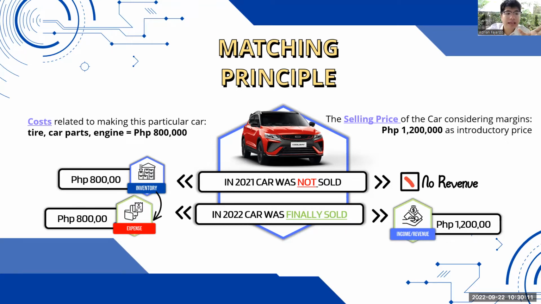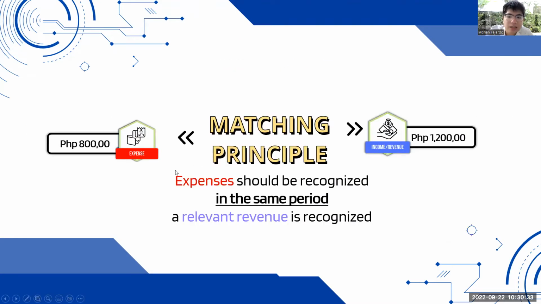We consider advertising as not a relevant or related expense to selling the car. And therefore, in 2021, if you spend 200,000 in advertising, that will be outright expensed, right? So the important thing in the matching principle is you have to match only the relevant cost to the relevant revenue, right? In summary, expenses again should be recognized in the same period a relevant revenue is recognized.